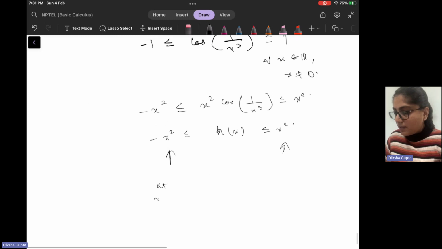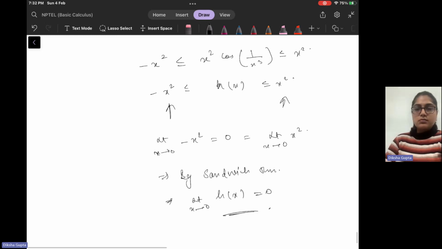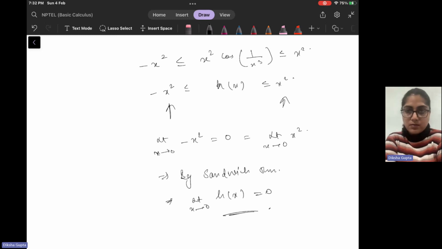Then limit x tending to 0 of minus x square is 0, equal to limit x tending to 0 of x square, which implies by the sandwich theorem that limit x tending to 0 of h(x) is 0. So see, the sandwich theorem is very helpful in finding limits.